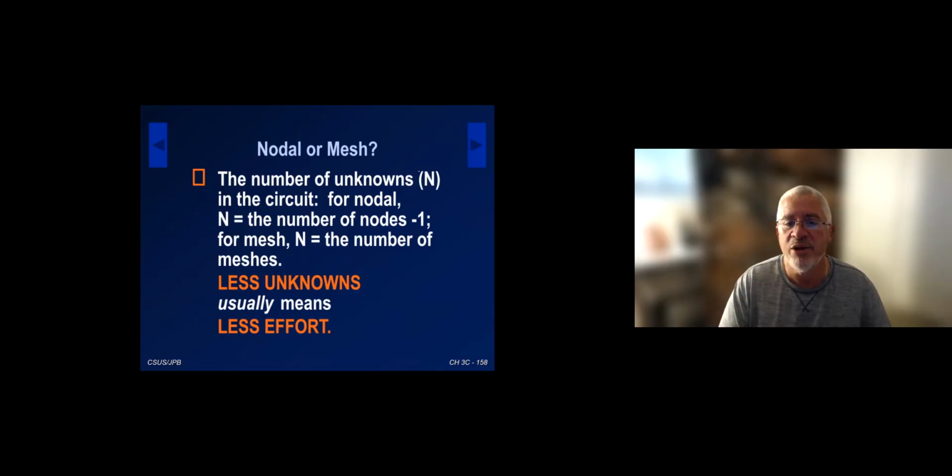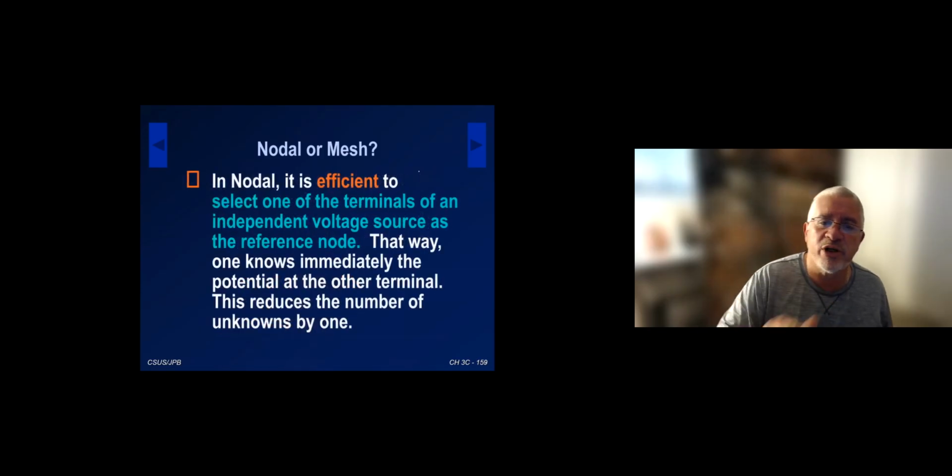Similarly, in mesh, you're looking at the number of meshes. So a ballpark look at the circuit, if you look at the number of unknowns, and that is the number of nodes minus one in nodal, the number of meshes in mesh, you generally have a sense of how many equations you have to generate. Okay, less unknown, less equation, less effort. So that's kind of a first cut here.